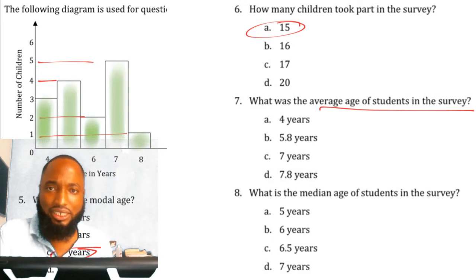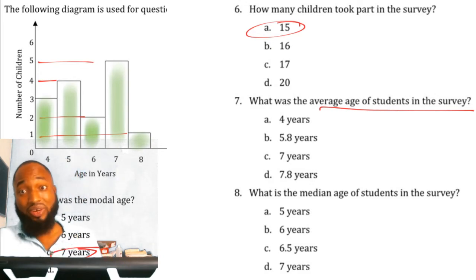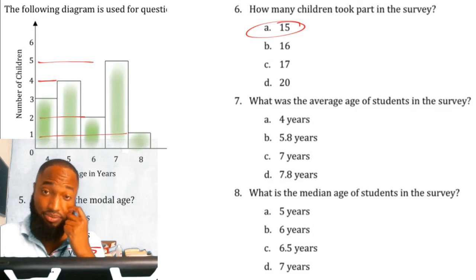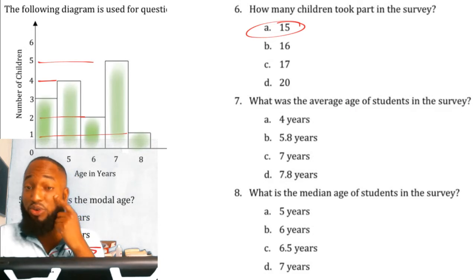You can just watch this and know the answer to be 5.8. It can be 4, it can be 7, maybe it can be 9. That'll be somewhere around here. And this is how you calculate the average. Pay attention. I'm only going to do this once.